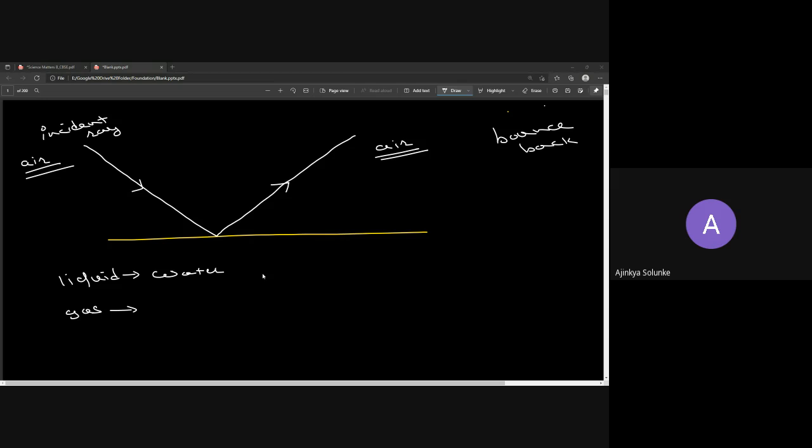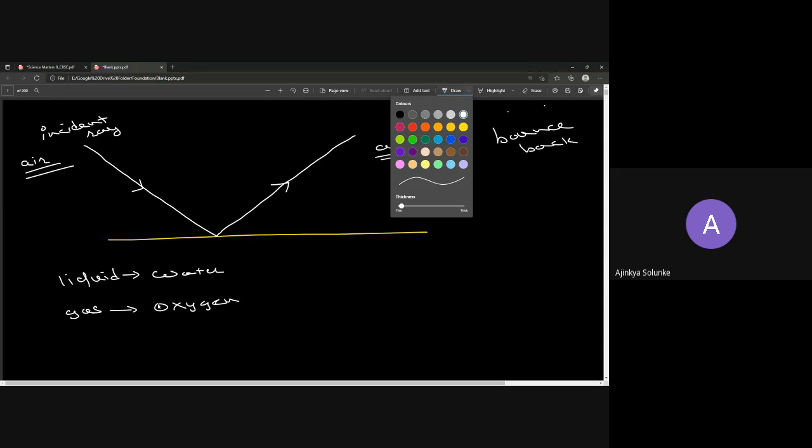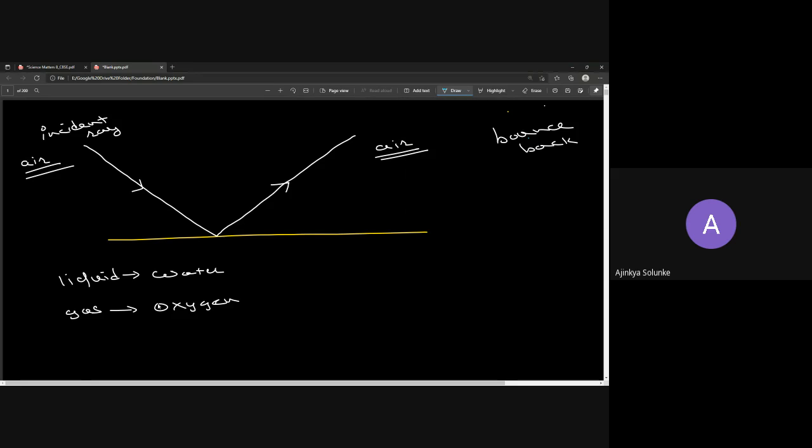Oxygen. Okay, oxygen will do. Now consider that the light is traveling through water, and if you are talking about reflection, in case of water, the light should come from water itself and it should reflect also in water only. This particular substance through which light is traveling is called the medium.